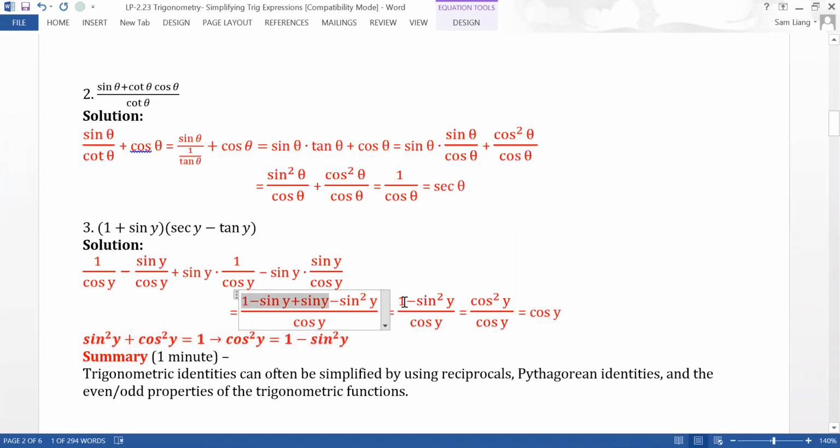So we have 1 minus sine squared y in the numerator. So in other words, if we subtract sine squared y from both sides, we get cosine squared y equals 1 minus sine squared y. Okay, so in the numerator, we can rewrite that as cosine squared y. And then, of course, in the denominator, we have cosine y. So one of the cosine y terms divides out, leaving us with cosine y.